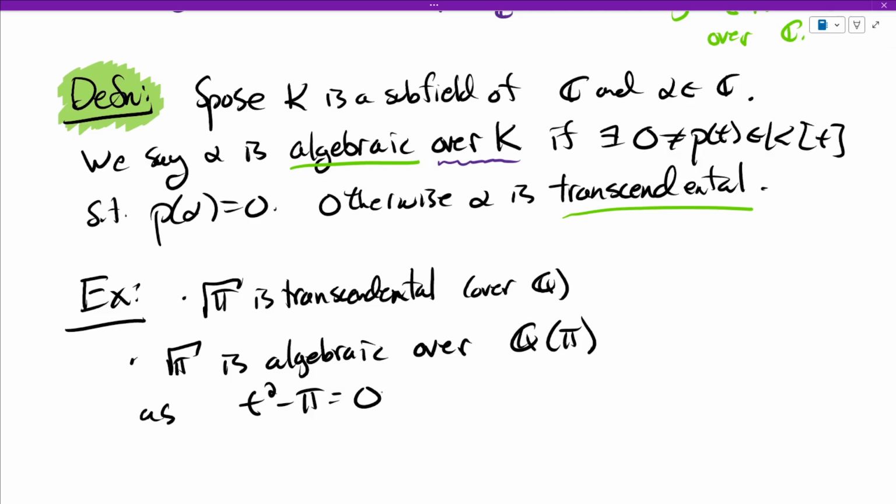So it's algebraic over it. Just be careful with this word over. If you don't use the word over, it's assumed to be Q. If you do, what was algebraic or transcendental over Q might change. This requires a little bit more of an argument, but I welcome you to read the book where the argument is given.